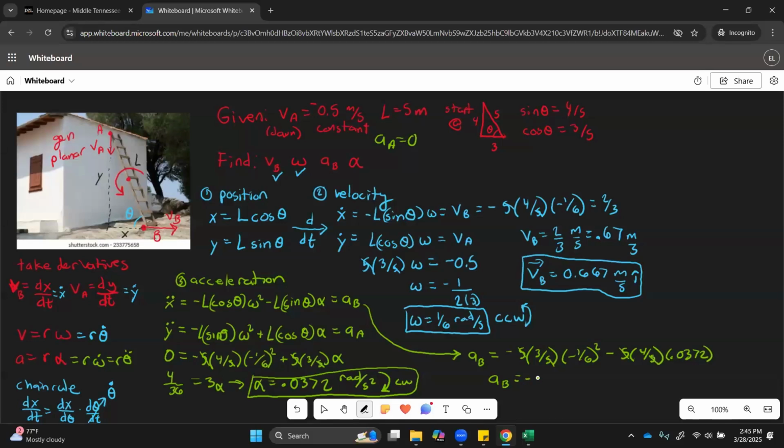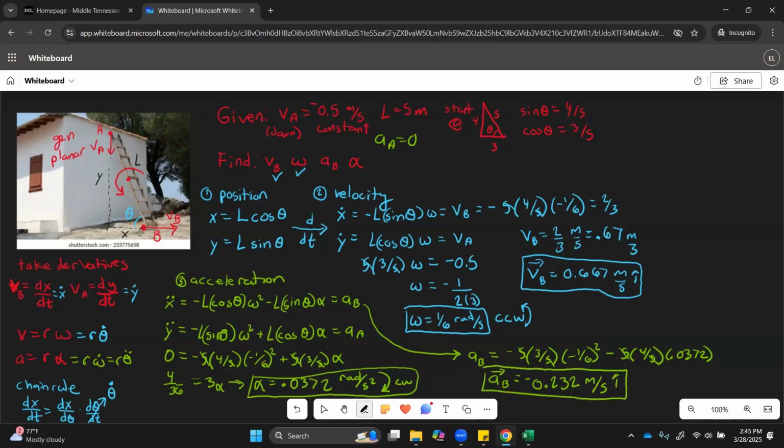Acceleration of B equals negative 0.232 meters per second squared. So this will be the vector form. This is going to be in the I hat direction because we know that B is going in the I hat direction only.